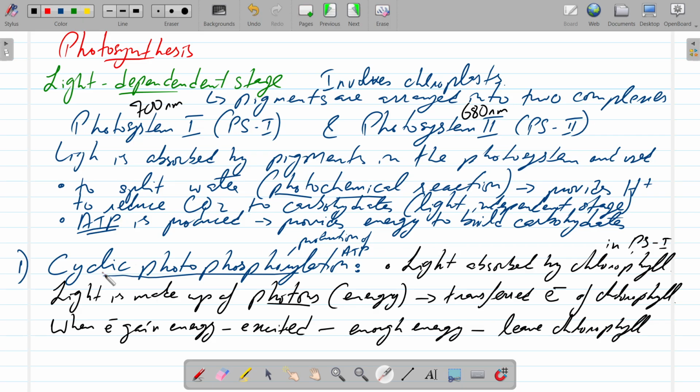The light dependent stage happens in two processes, and they're both happening simultaneously. One is cyclic photophosphorylation, where light is absorbed into photosystem 1 only.